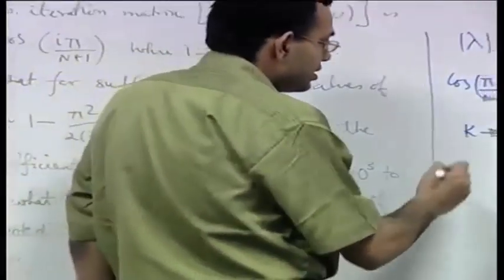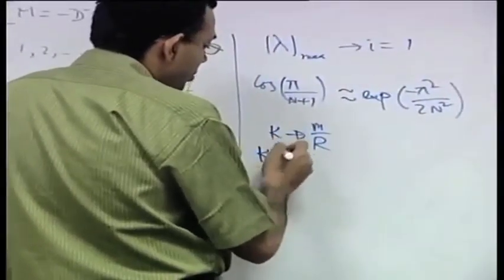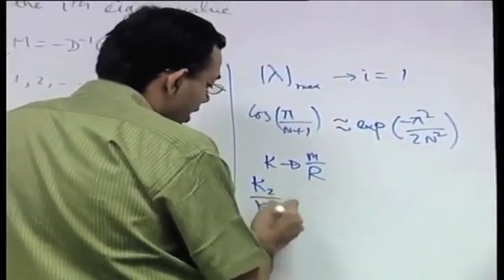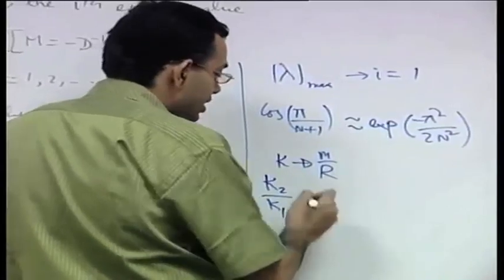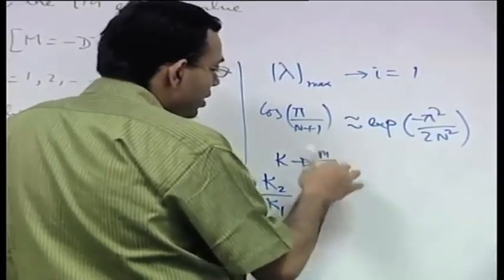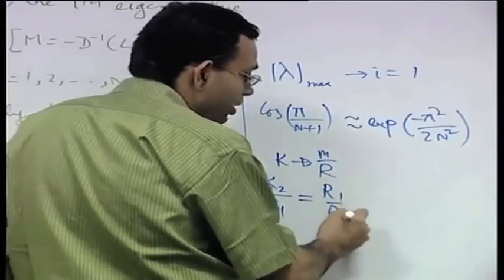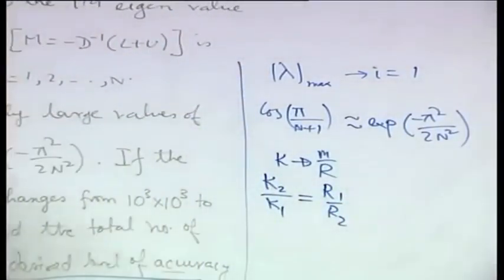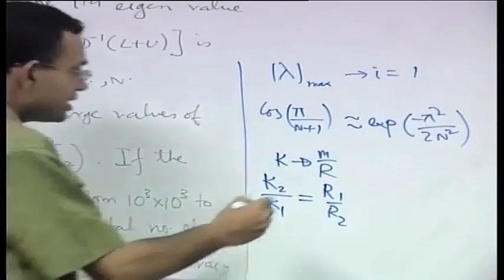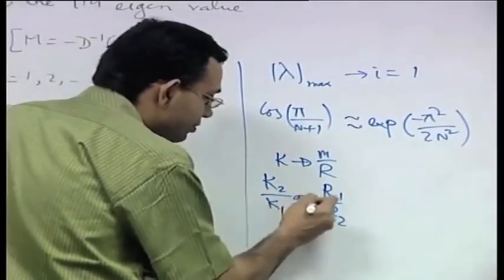So, that means the number of iterations k2 by k1 for the two cases will be inversely proportional to r, that is it will become r1 by r2, where r is the rate of convergence. Remember, this is not exactly equal, this is just an estimate.